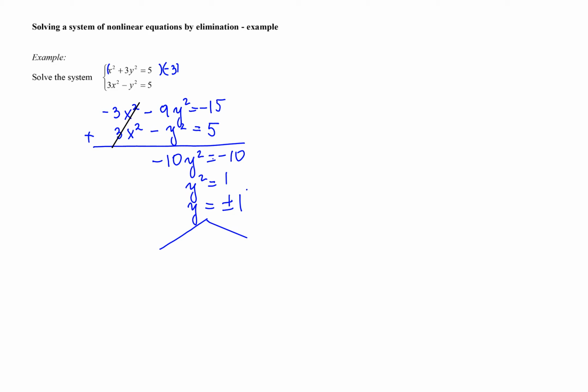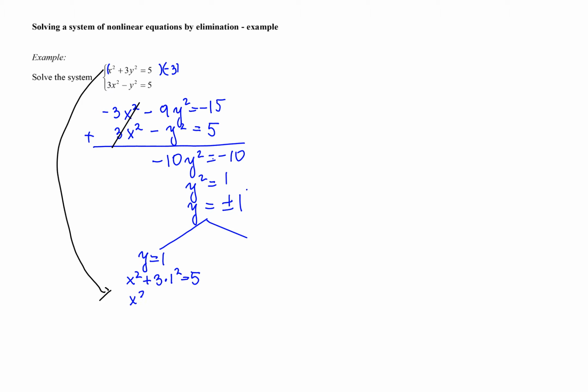Now for each value of y, we'll find the value of x that will solve the equation. So if y is equal to 1, we'll use, let's say, equation 1 to find the value of x. Equation 1 was x squared plus 3 times 1 squared is going to be 5.